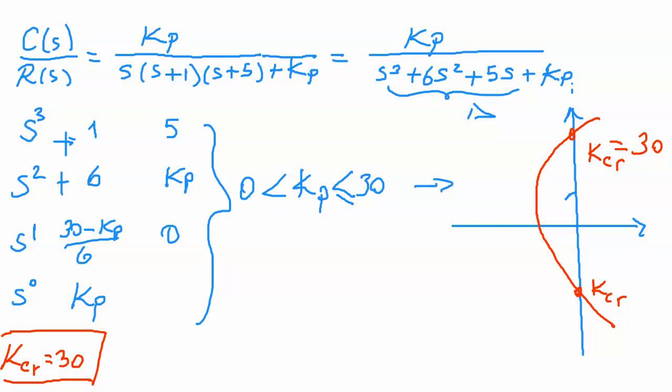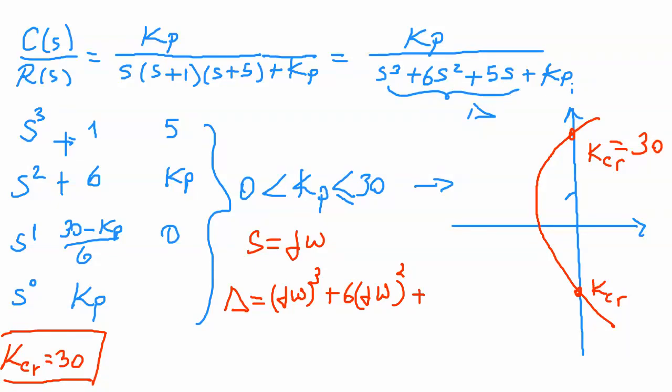S3. Let's put S equal to J omega. Since it's on the J omega axis, delta is equal to, at this point, J omega power 3 plus 6 J omega square plus 5 J omega plus Kp.